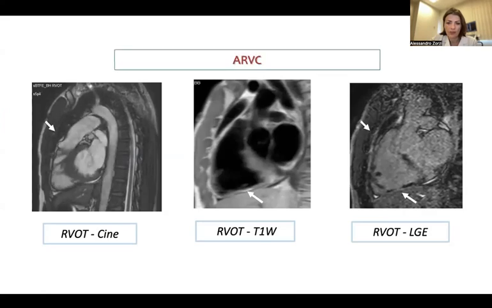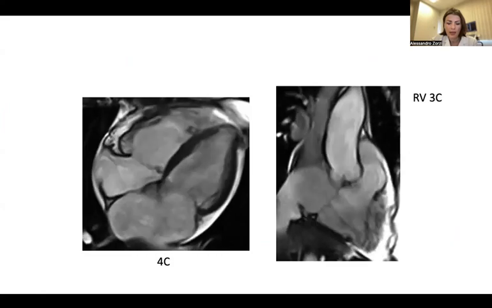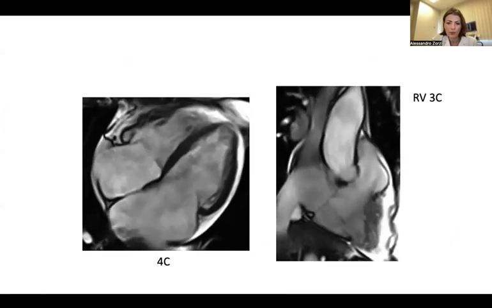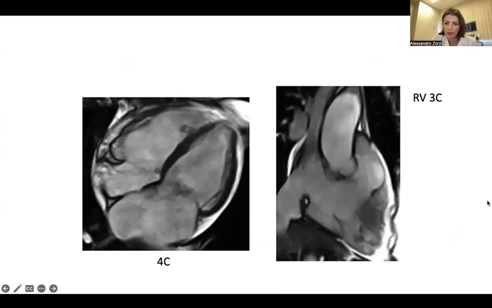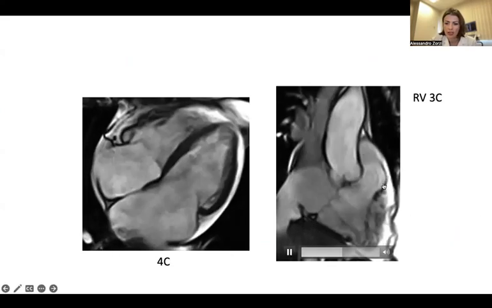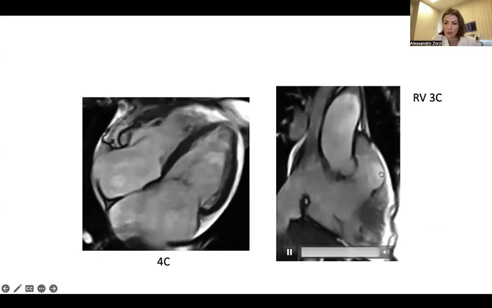So this is the same case of ARVC. And then I remind you that we can have these beautiful images that are very difficult to get with the ultrasound. For genetic impairment, CMR is wonderful.